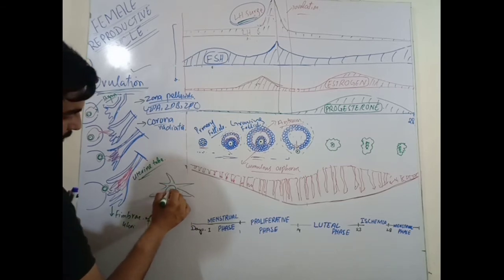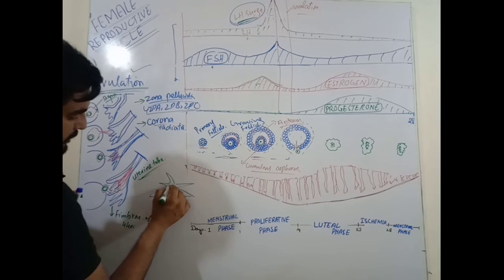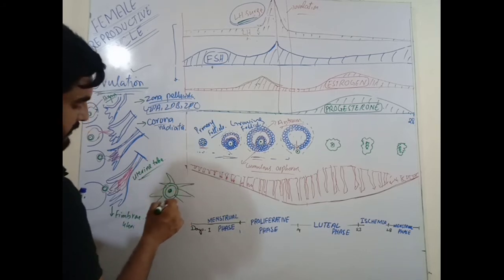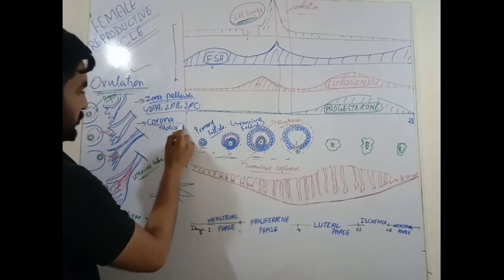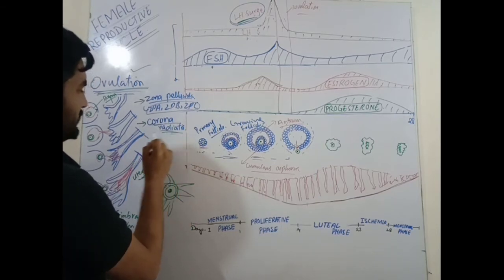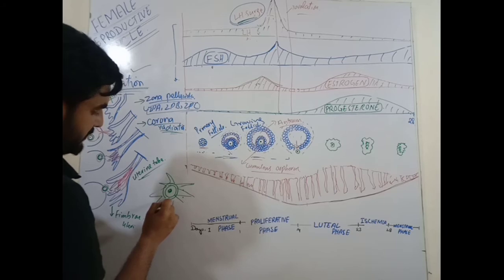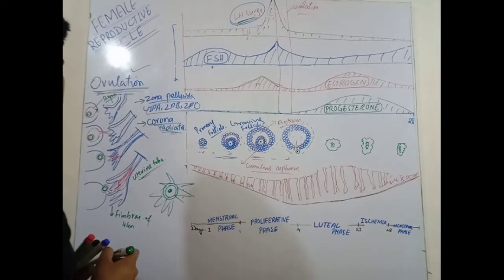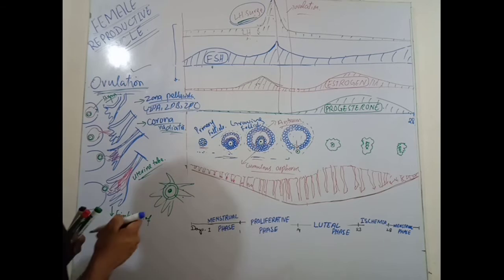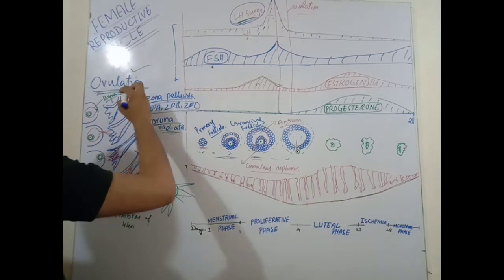In the center is the oocyte, then the zona pellucida, and the follicular layers forming spaces between them appear like corona radiations. So this is called the corona radiata. This is the zona pellucida, and this is the secondary oocyte. So this is the ovulation of the secondary oocyte.